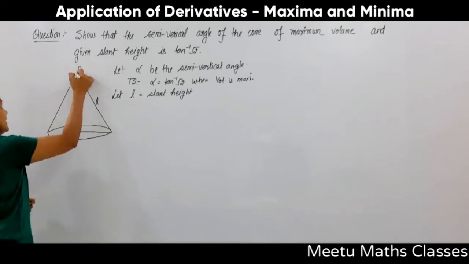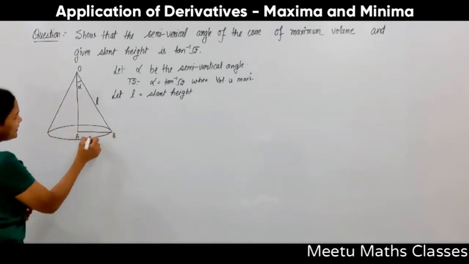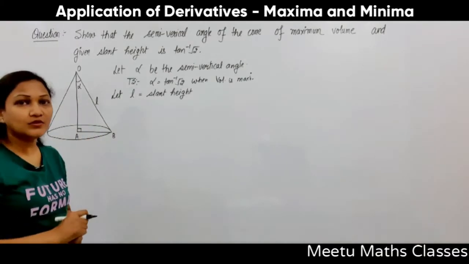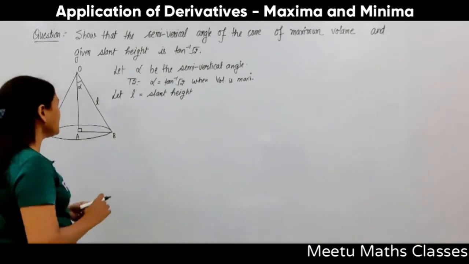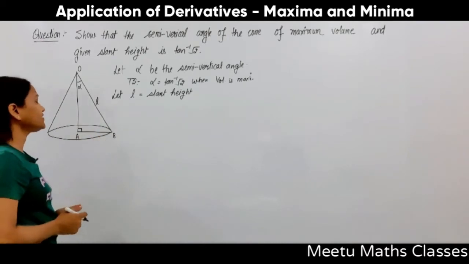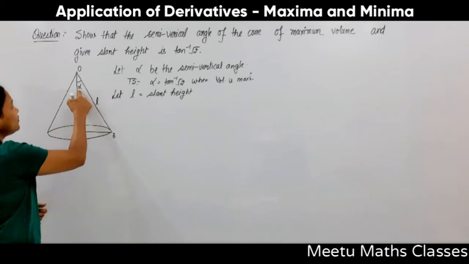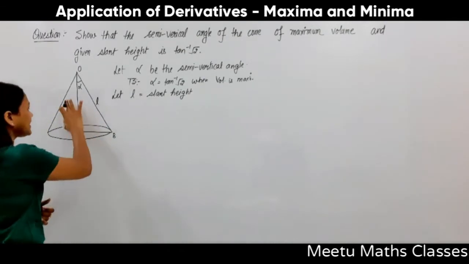Now we can easily find out in triangle OAB. Since we are considering a right circular cone, the height is perpendicular to the radius of the base, so this is 90 degrees. So OAB is a right angle triangle, and in a right angle triangle, if we know an acute angle and a side, we can easily find the other two sides.